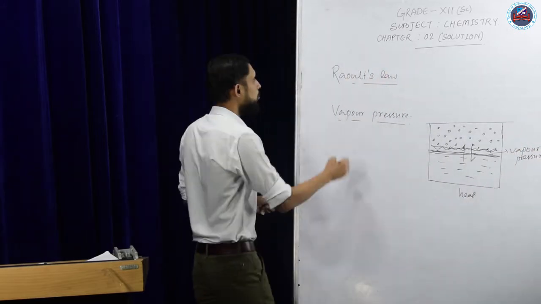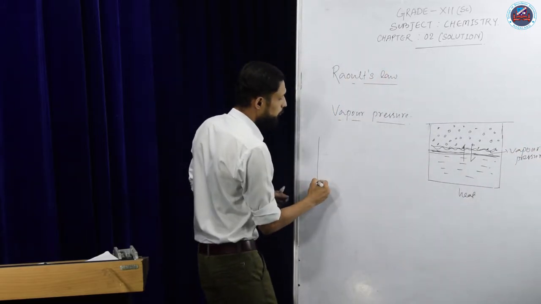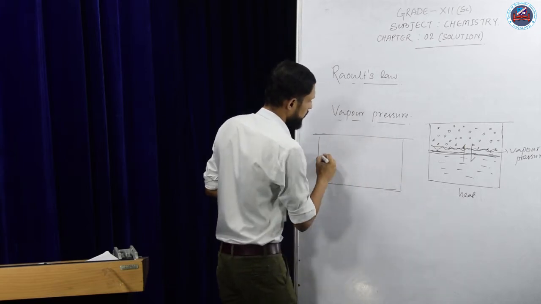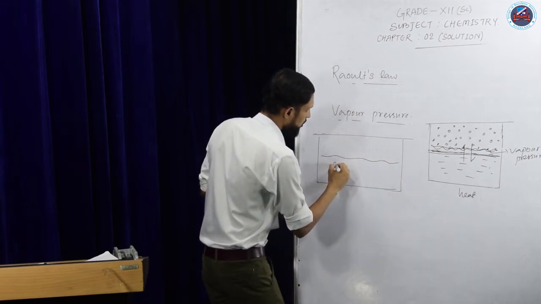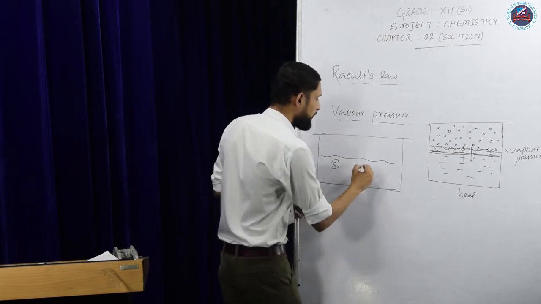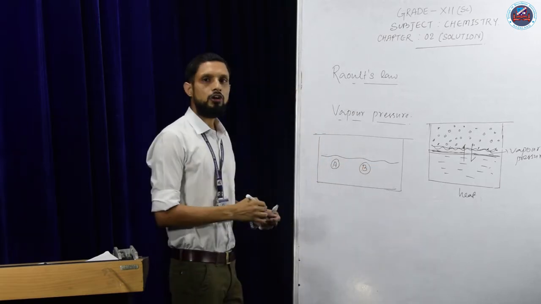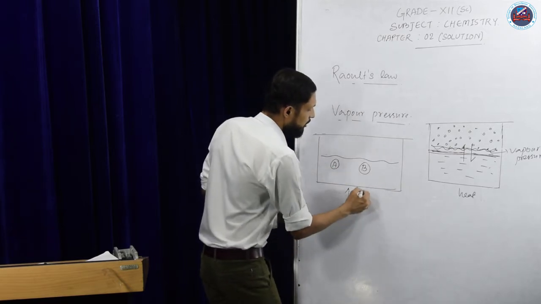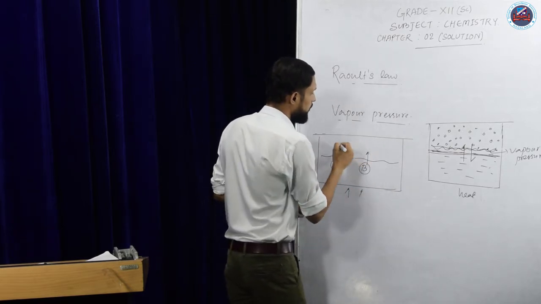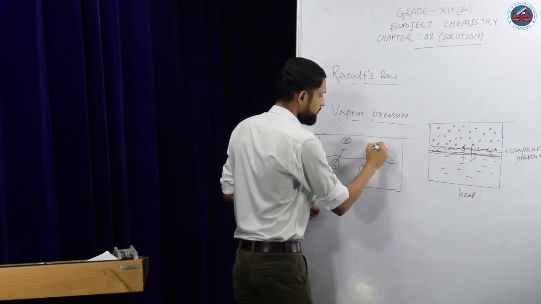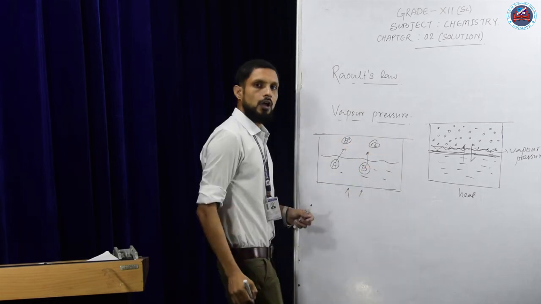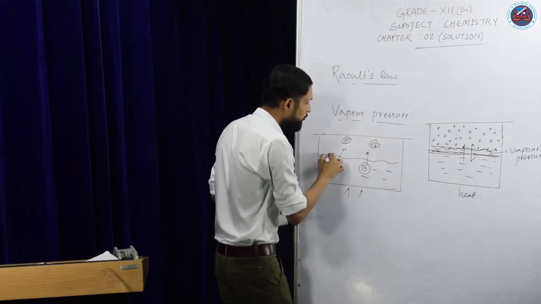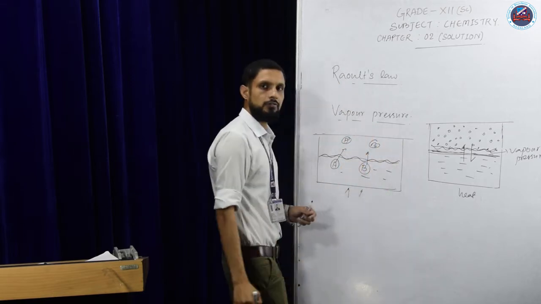So according to Raoult's law, if we take a mixture of volatile liquids, let us take liquid A and liquid B, and both are volatile in nature. So on heating, both will be converted to vapor phase. Now both A and B will exert some pressure on the surface of this liquid.